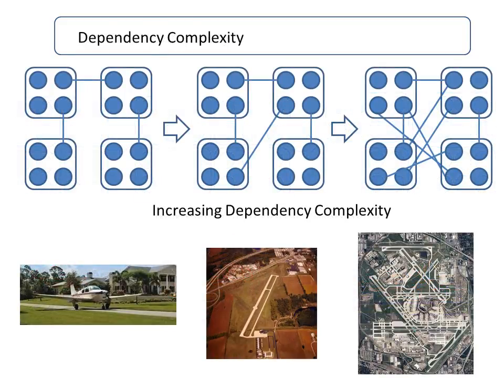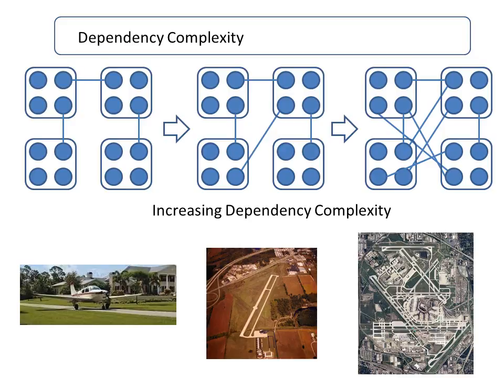Dependency complexity, on the other hand, is the complexity that we get from interdependencies between systems. So here we're showing 4 systems, and their functionality, represented by the blue dots, is not increasing. But the number of interdependencies, represented by the lines between the systems, is increasing.